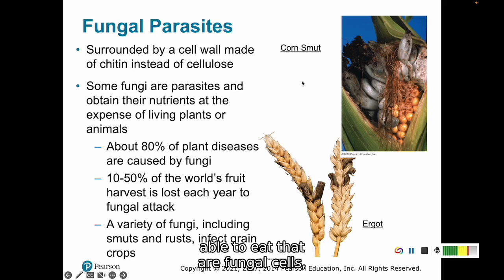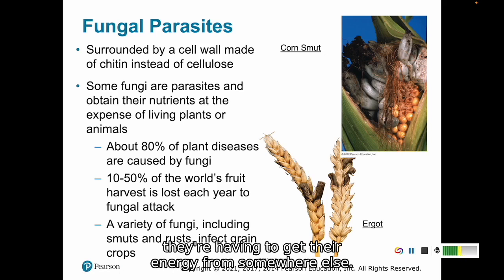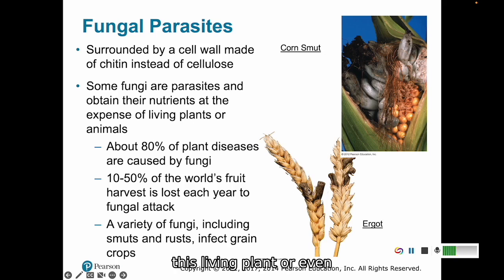Our fungal cells have a cell wall made of chitin. This is very different from our plants with their cell wall made of cellulose. And since fungi do not do photosynthesis, they're having to get their energy from somewhere else. Some fungi are going to become parasites. And so they get their nutrients at the expense of this living plant, or even at the expense of living animals.